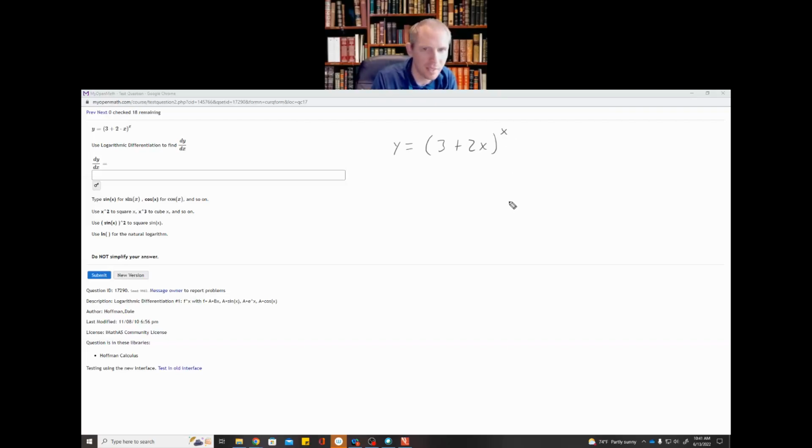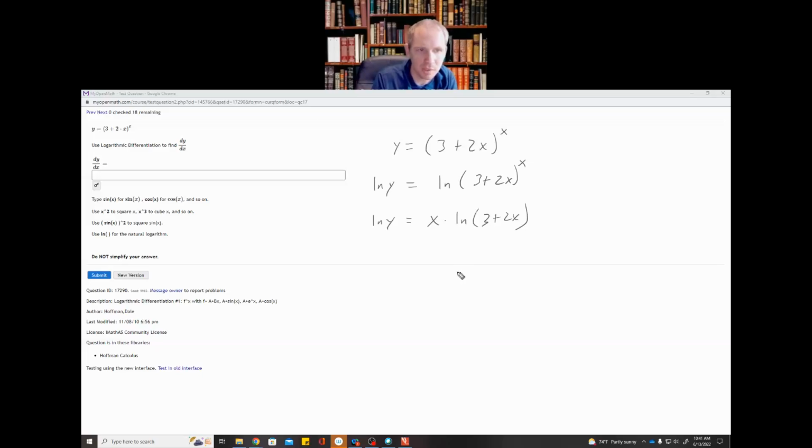And then I'm going to take the natural log of both sides. And I'm going to use my properties of logs to break this up. So in this case, I have log of stuff to a power. I can bring that power down out front. So I have x times ln of 3 plus 2x. Okay.